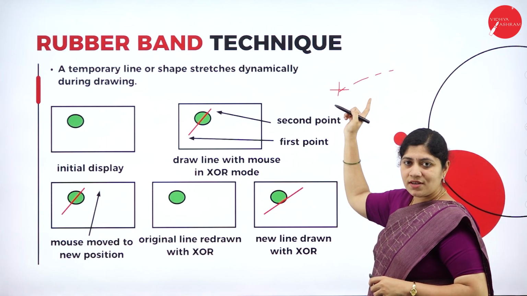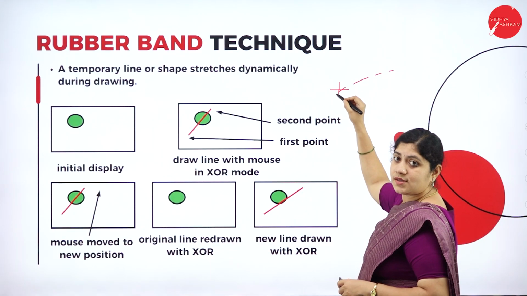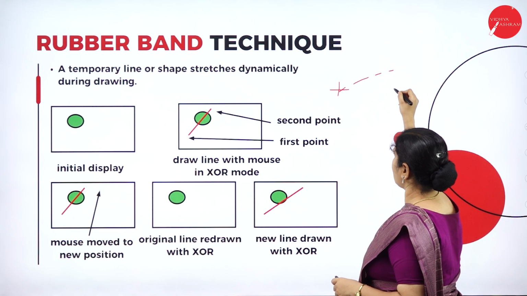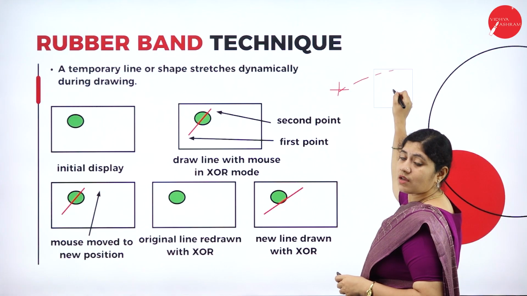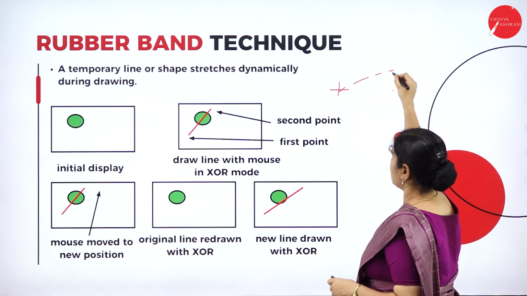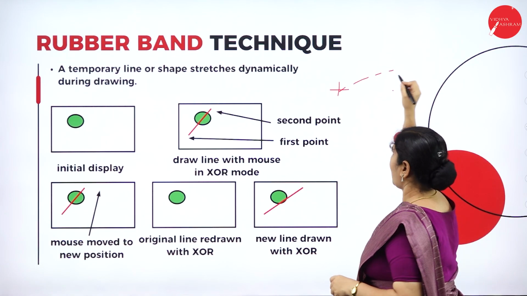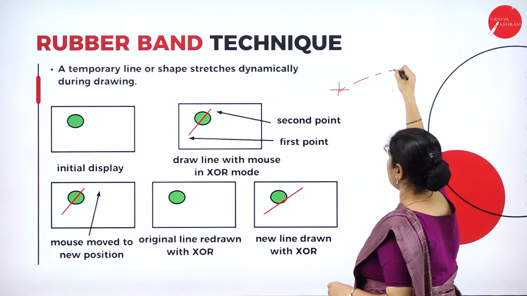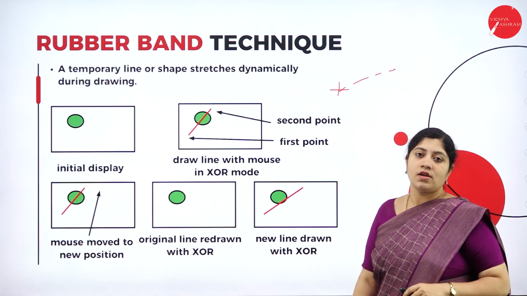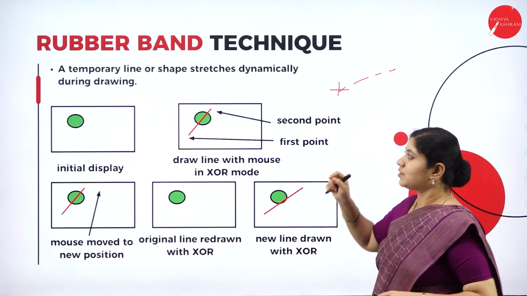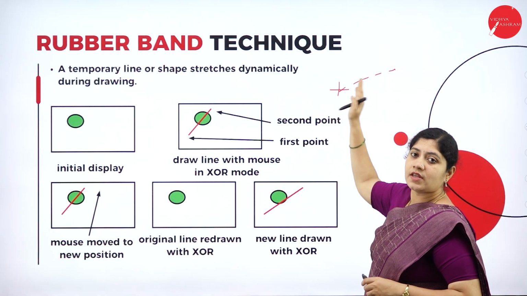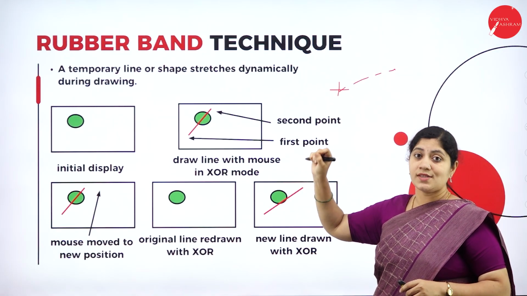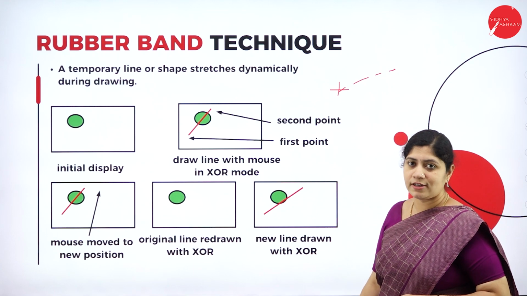Have you observed that? Yes. If I want a straight sleeping line, then I can drop it here. If I want a slant line, okay, let it continue at that point, and in order to make it end, I'll release the mouse there. So the movement of one point fixed and the other point varying is considered the rubber band technique.